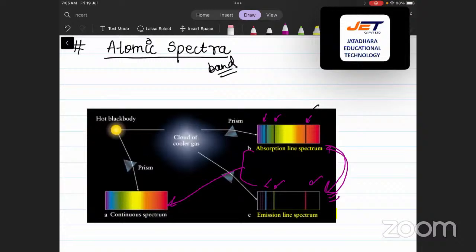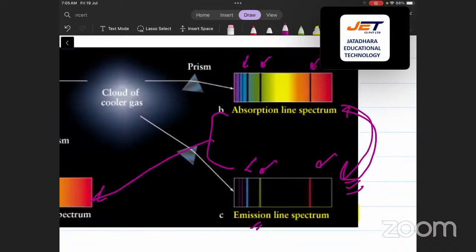Then we will understand why these lines are missing. If I'm taking the emission spectra, why do we have certain lines? Why don't we have lines for all the colors? Why am I not having the line for yellow color here? Why not for orange or some other color? For violet, if you see closely, we have two lines.